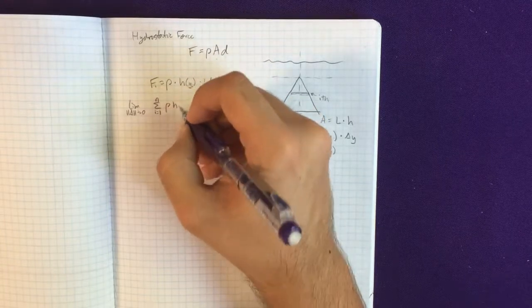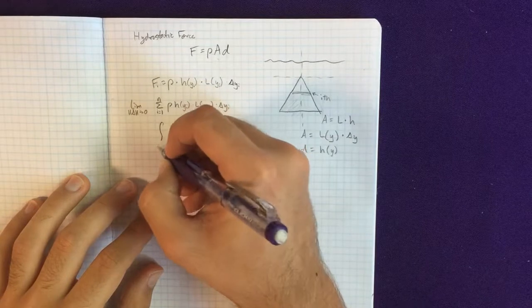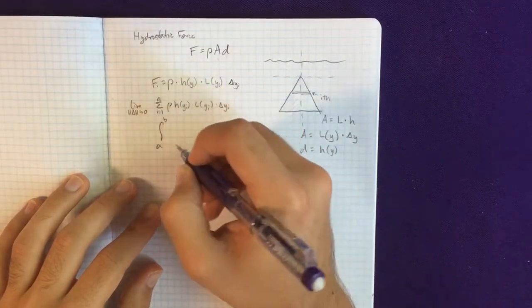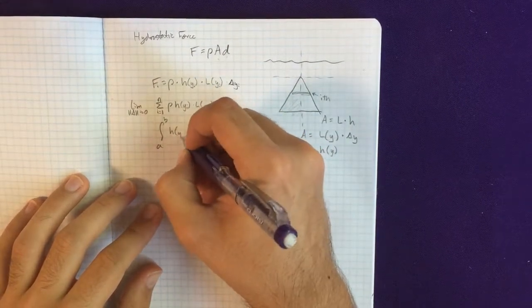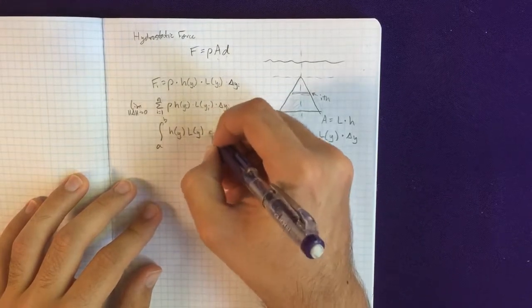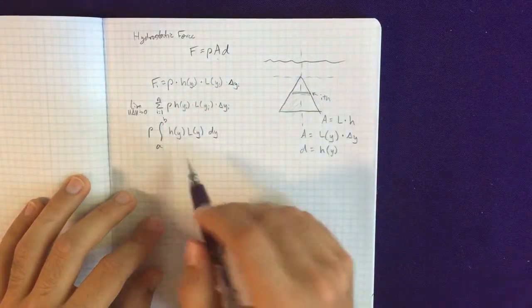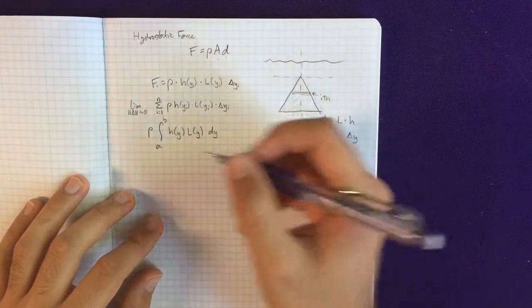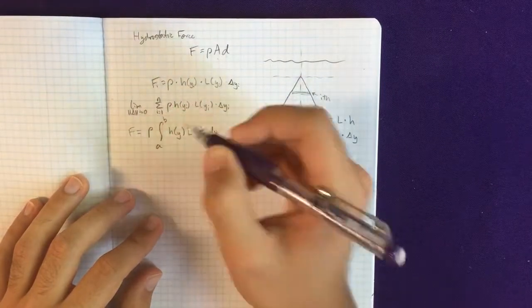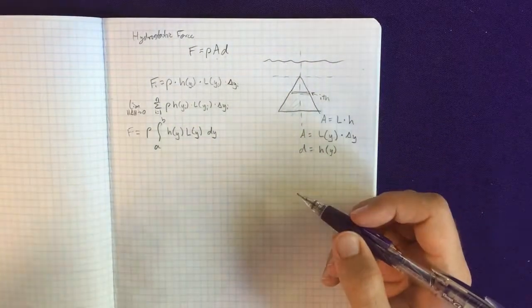Rho times the sum can be rewritten as the integral from a to b of h of y times L of y dy, all multiplied by the density of the fluid. This will find the hydrostatic force across the entire object.